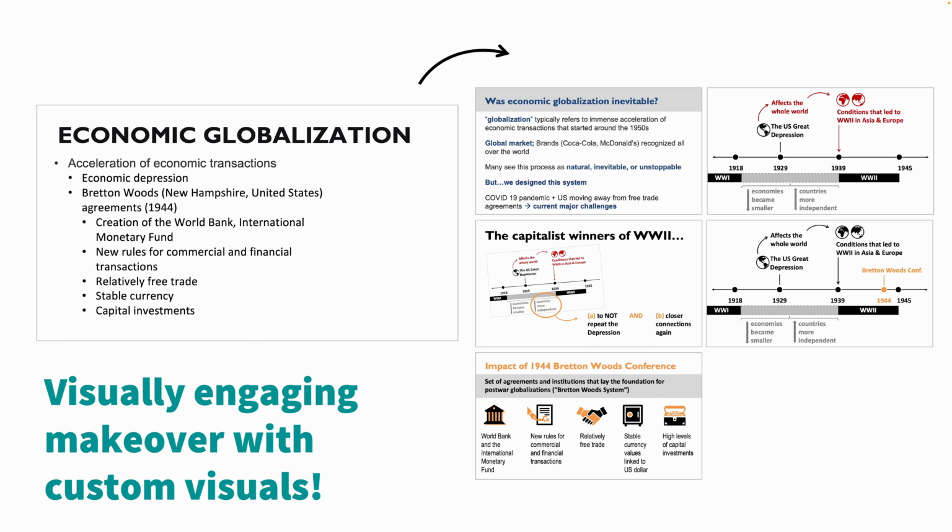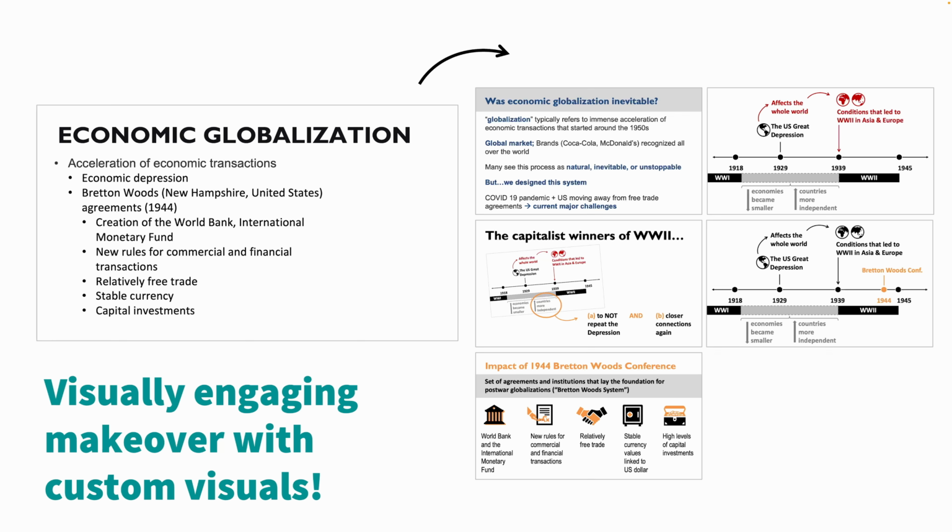And now these new custom visuals can be used for other material, like that timeline can be customized to include different details, different dates. Or if you need a timeline for another lecture, you can copy paste and use some of those same elements to share a timeline for a totally different topic.